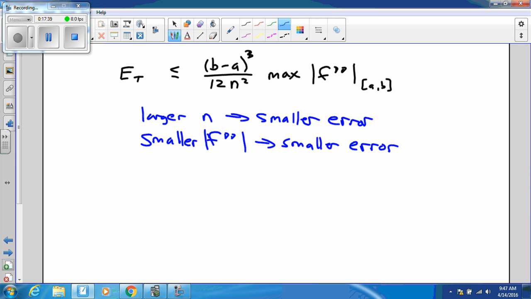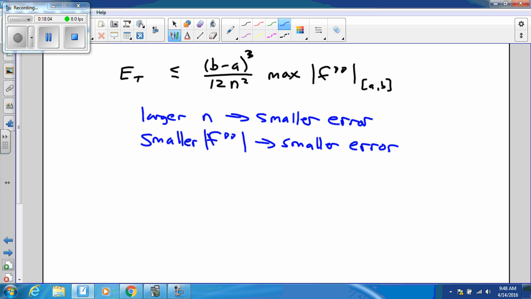Whereas if f double prime is really large, what's my curve going to look like? It's going to be wiggly. That's exactly right. So wiggly curves are going to tend to have larger errors in the trapezoidal sum, and flat, smooth curves are going to have very good trapezoidal sums. Okay? That's enough said about that.